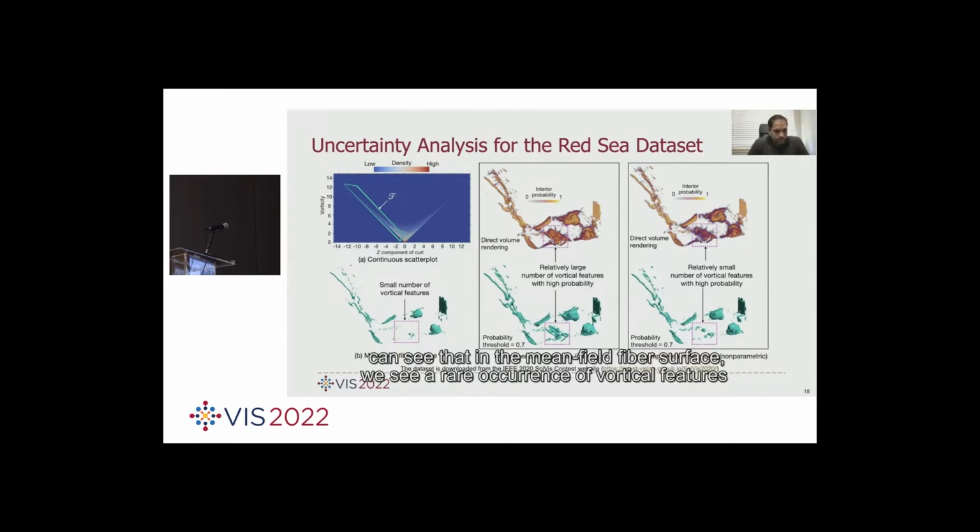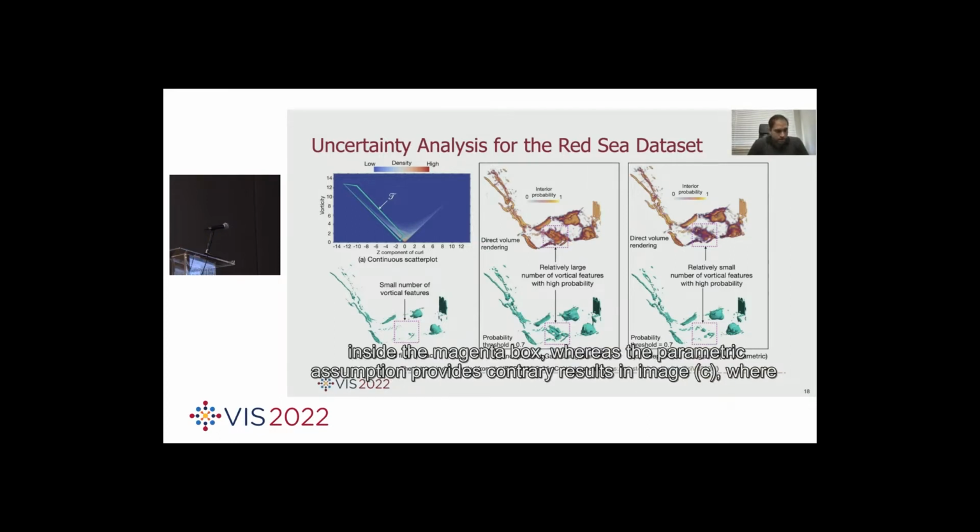Now you can see that in the mean field fiber surface we see a rare occurrence of vertical features inside the magenta box, whereas the parametric assumption provides contrary results in image C, where a large number of vertical features are observed inside the magenta box, and the non-parametric results suggest a moderate number of vertical features inside the magenta box in image D. And such inconsistency across these three models suggests high uncertainty of vertical regions inside the magenta box, which is of specific interest to oceanologists.